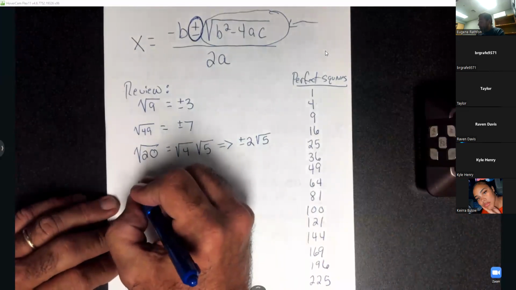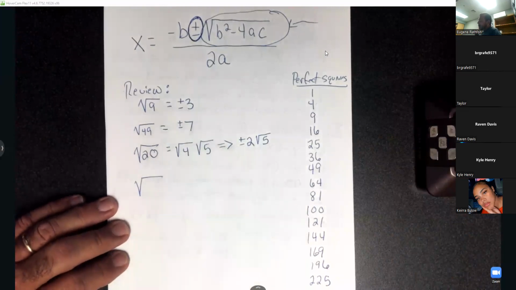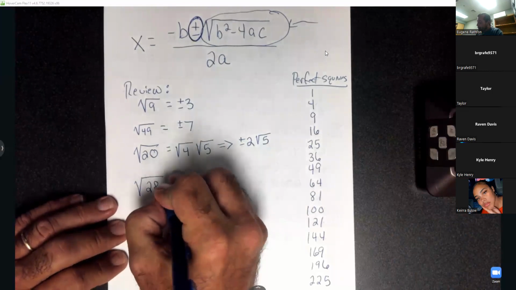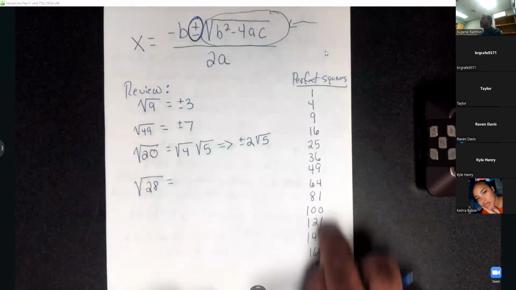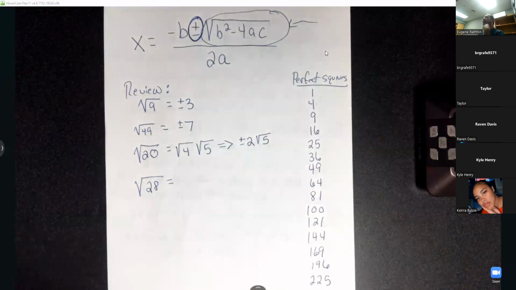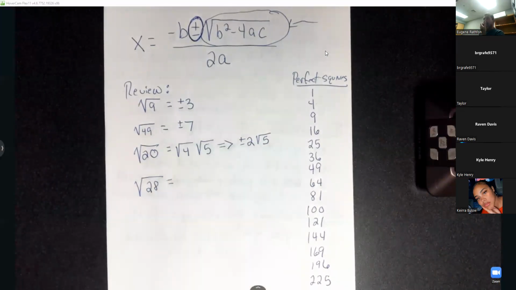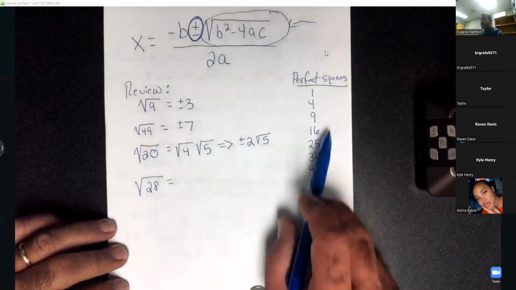So let me do this one with y'all. How about 28? So 28 is not a perfect square, but does 28 have any factors that are perfect squares? And we don't have but a few to choose from, right?